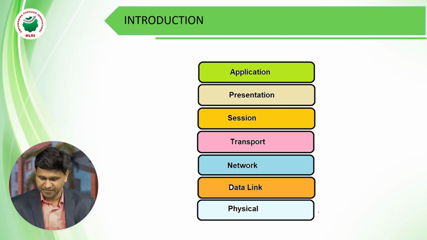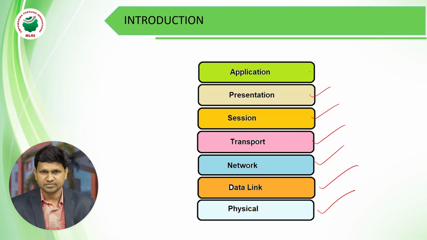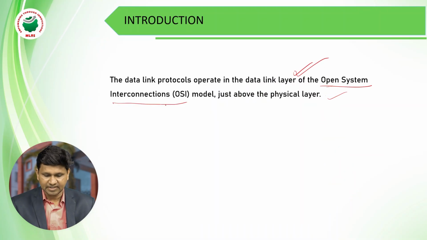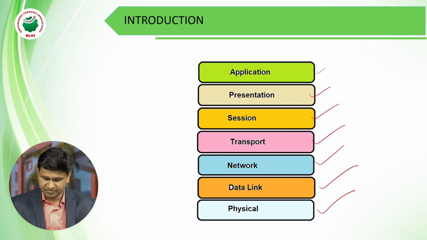First is the physical layer, data link layer, network layer, transport layer, session layer, presentation layer, and at the top we have the application layer. So data link layer protocol operates in the data link layer of the OSI model. This is the first, the physical layer. In advanced computer networks, we start from the data link layer.